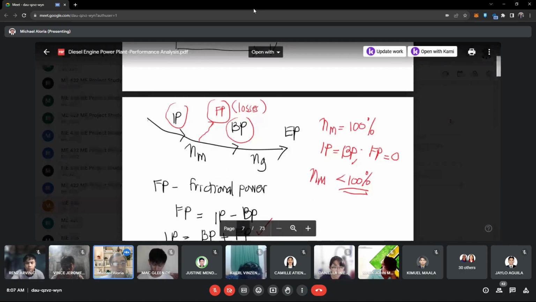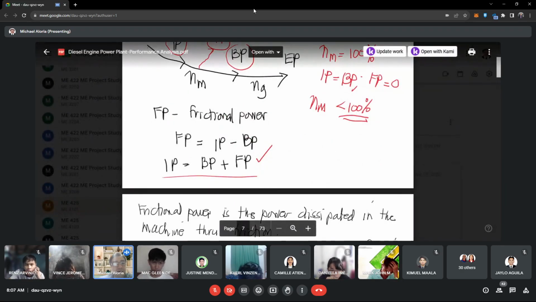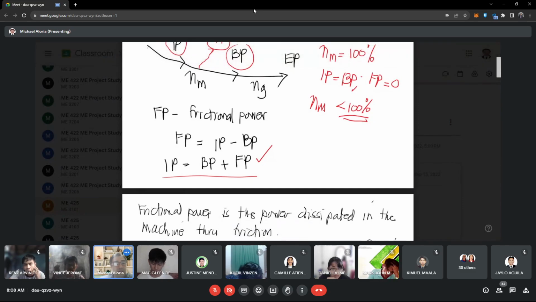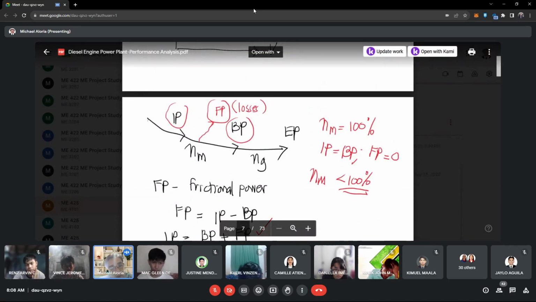Or simply, your indicated power is brake power plus friction power. Okay? So yan yung ating relationship between the friction power. The IP is equal to BP plus your frictional power. So palabas siya. This is losses basically.